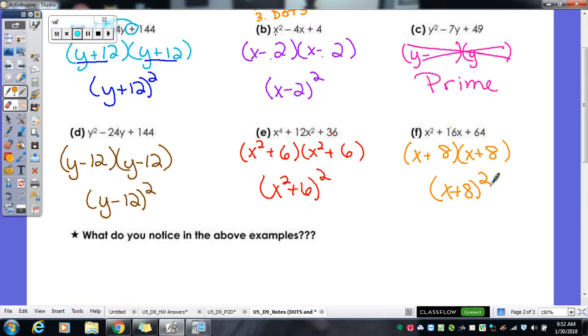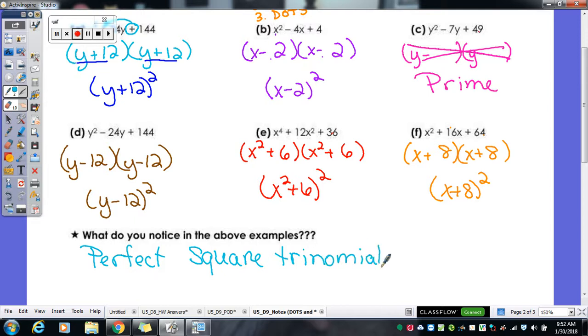So for all of these trinomials, with the exception of letter C, because that one ended up being prime, you could rewrite them all as y plus something squared or x plus something squared. So these are what we call perfect square trinomials.